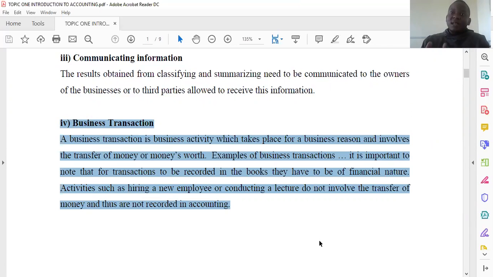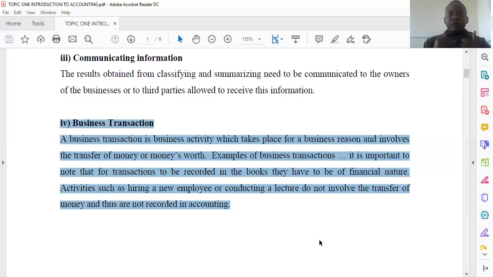So those activities that take place in the business, we refer to them here as transactions, need to be recorded: on this and this date we sold this item, this and this date we bought this item, this and this date we paid for electricity, this and this date we fired some staff, and so on. So these activities ought to be recorded in the books of accounts and in the journal. So accounting has this role of recording business transactions.